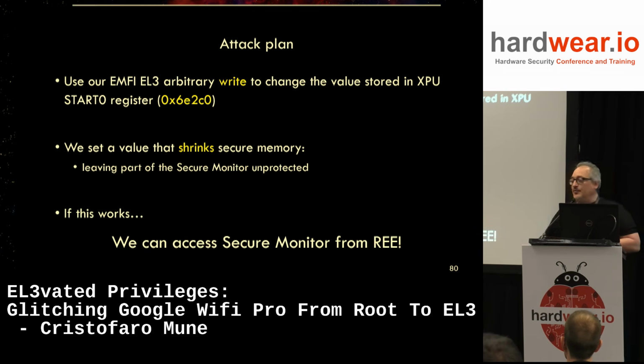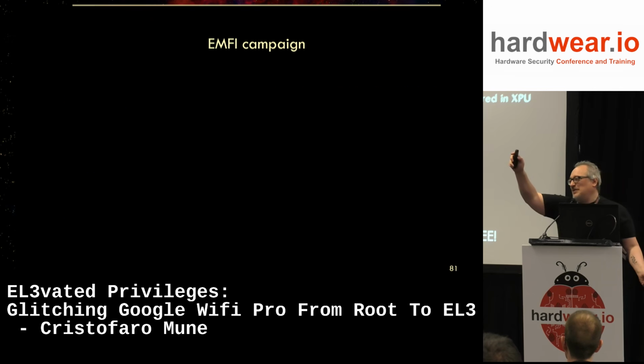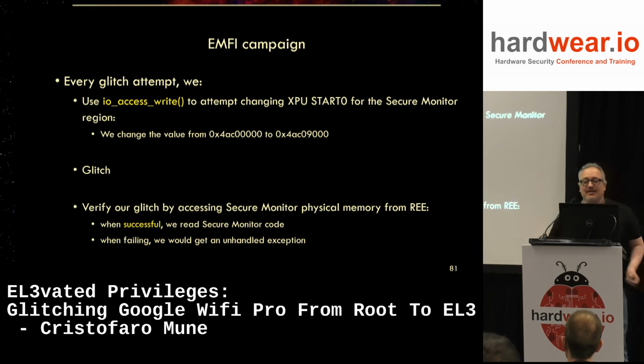If this works, we are able to access the monitor from RE, basically from user space, which is great, actually. We glitch this address. We change the value of the monitor in the register from this, the start of the monitor, to this other address, which is a bit after. So we gain some space, which becomes accessible in the monitor.